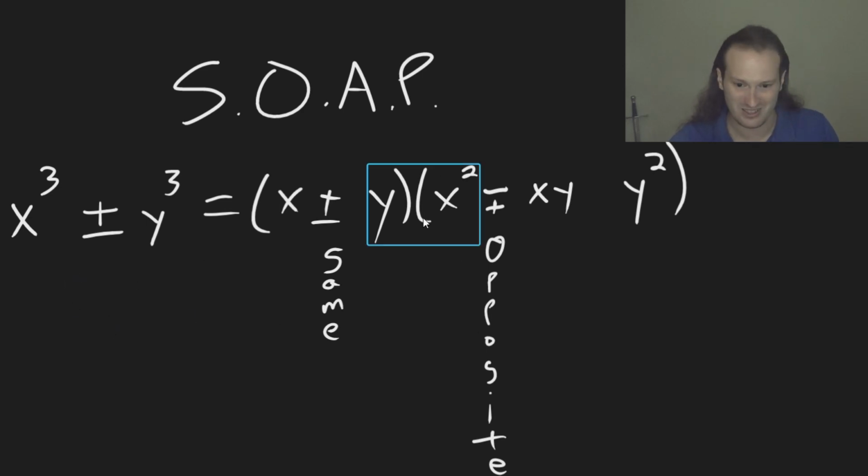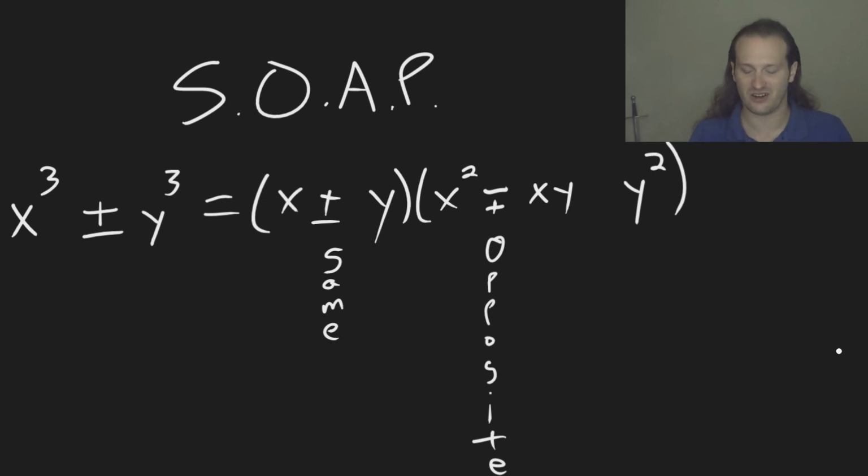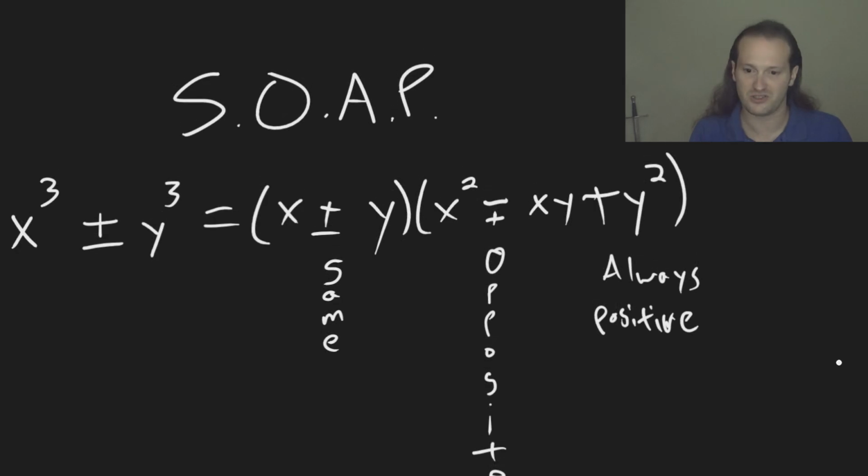That's why it's a minus on top of a plus. And this space here is always positive, so just put a plus there. You can rest assured that this is completely factored. None of these can be factored any further.